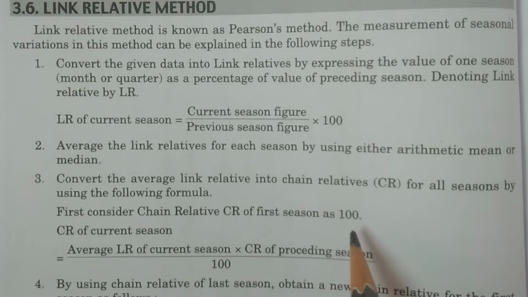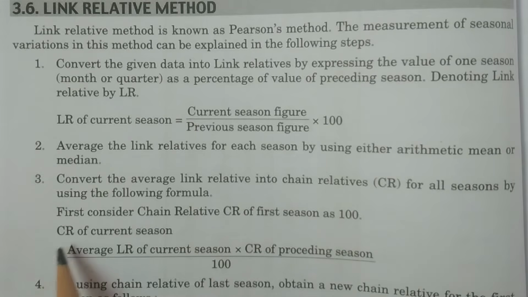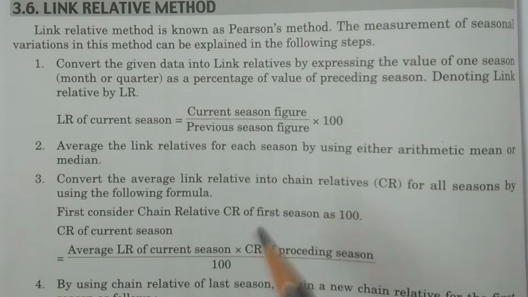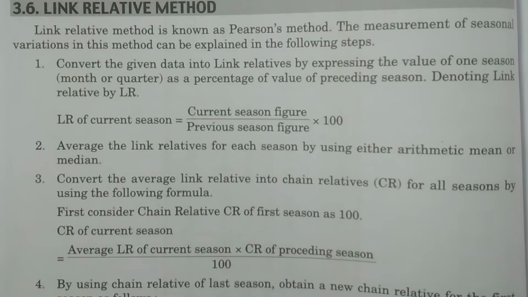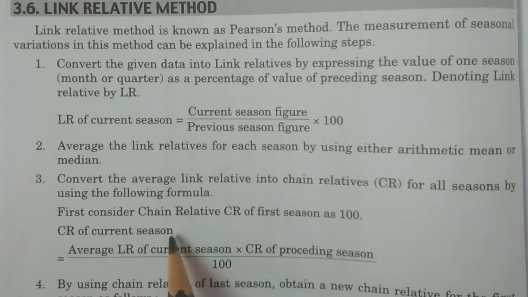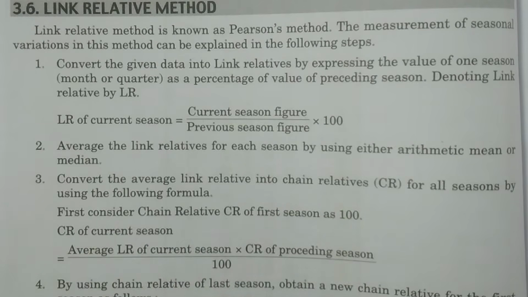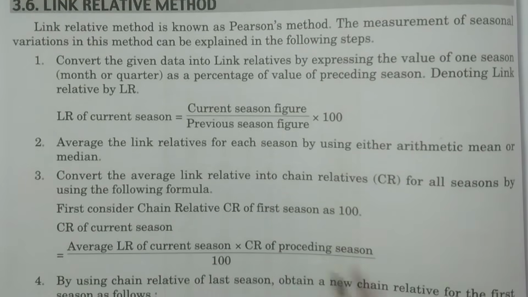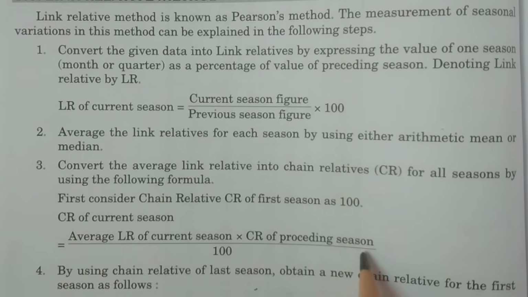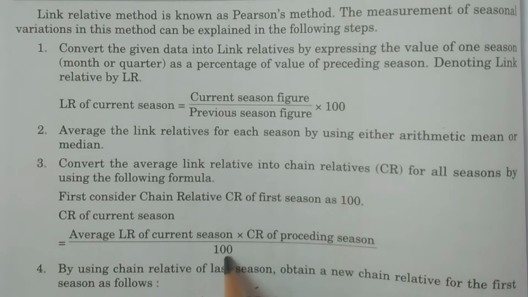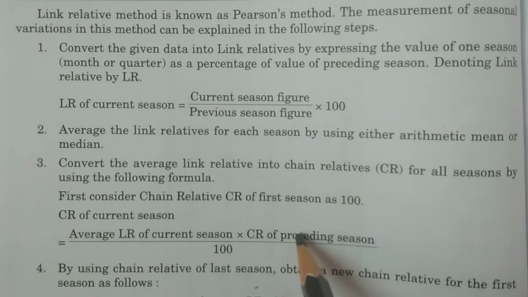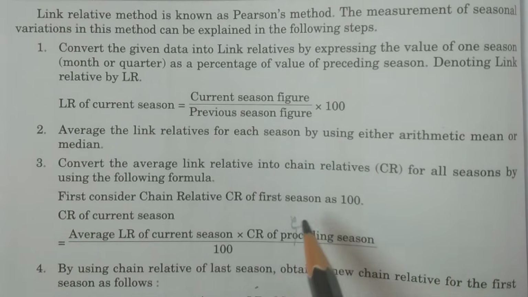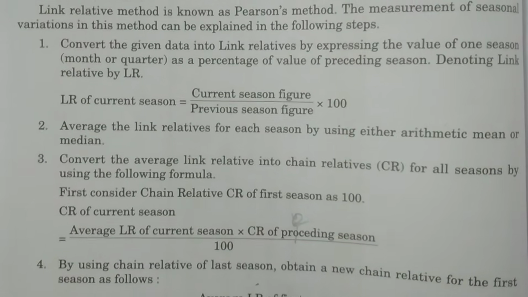For the remaining seasons, the CR of the current season is calculated as the average LR of the current season multiplied by the CR of the preceding season, divided by 100.